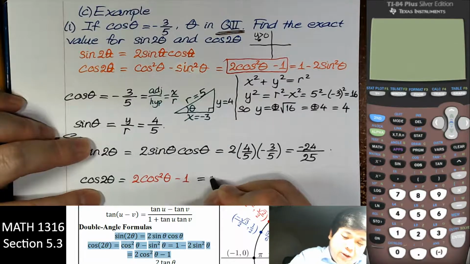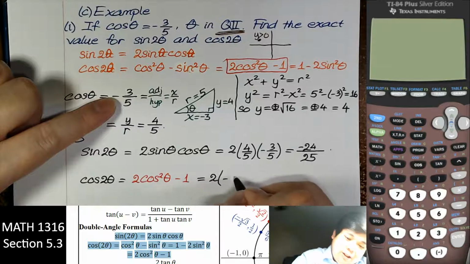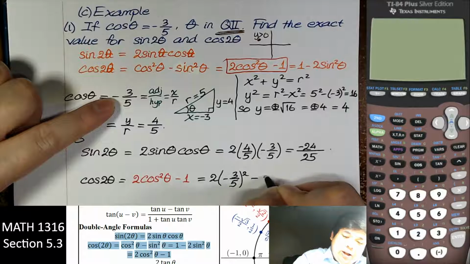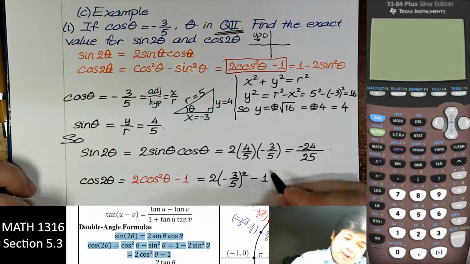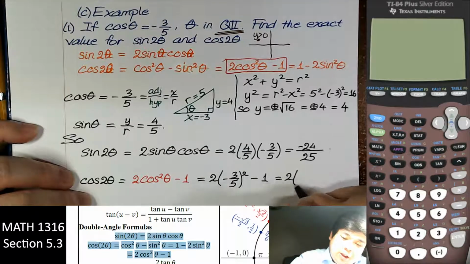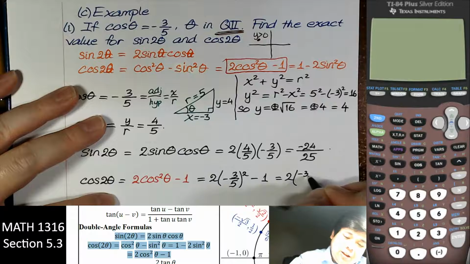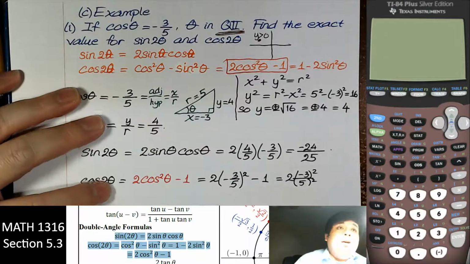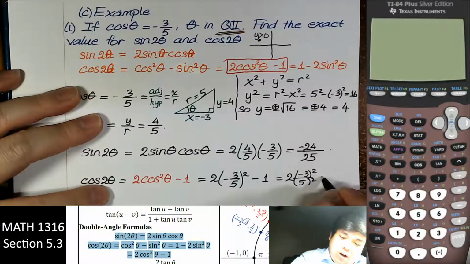So we have 2 times cosine of theta, negative 3/5, squared, minus 1. Negative 3 squared and 5 squared, minus 1.